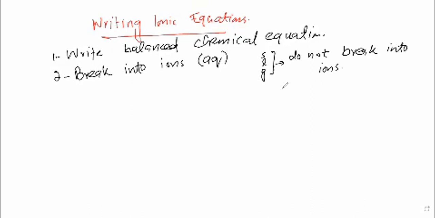One more thing. If we have diatomic gases, means O2, Cl2, so these are also gases, so they will not break down into ions. Third thing is cancel the spectator ions.